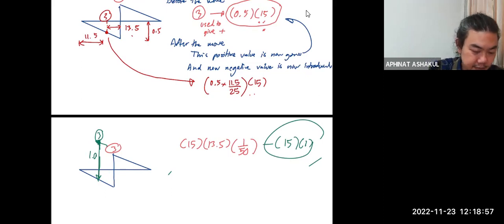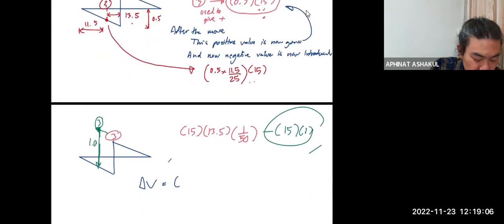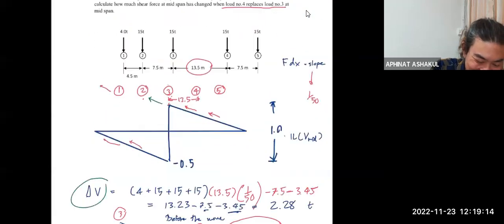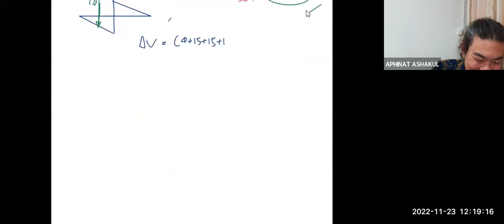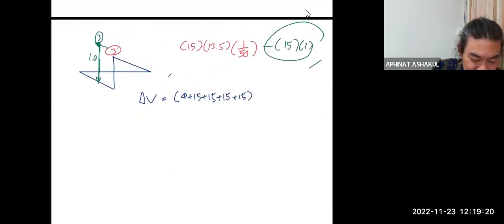So in the end, you can write the change in shear is just every load, right? 4 plus 15 plus 15 plus 15. Everyone travels with that distance, multiply by the slope, and then minus 15.